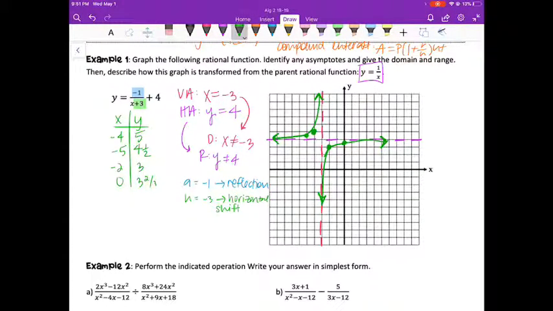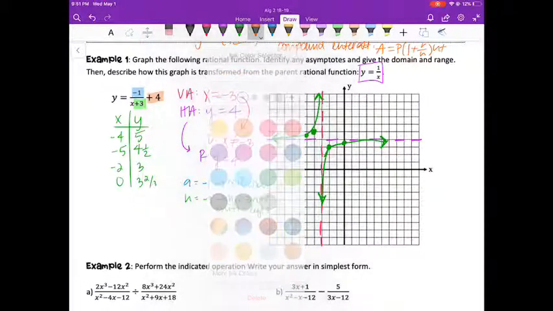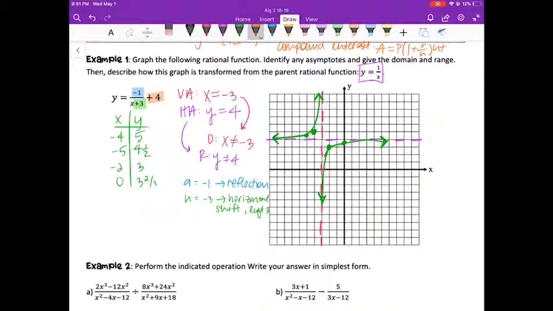And since it is negative, it is to the left 3. And lastly, because of this K, we already talked about how that affects our horizontal asymptote, but it also tells us that since K is 4, we have a vertical shift up 4. And there we have it.